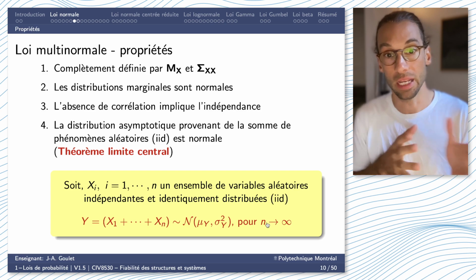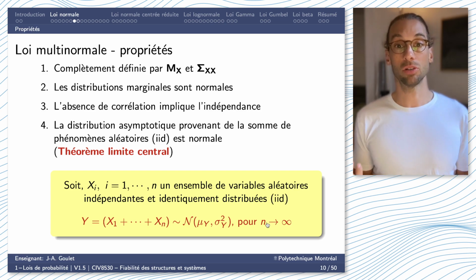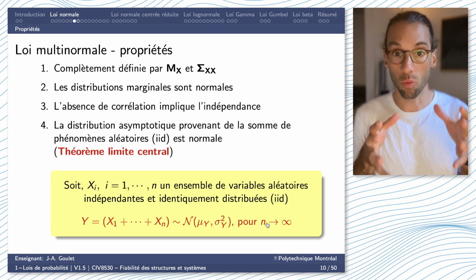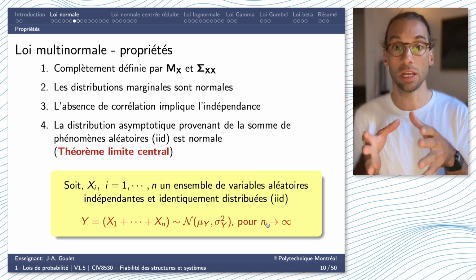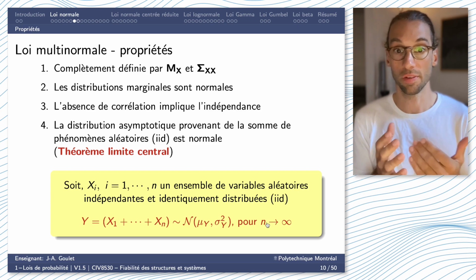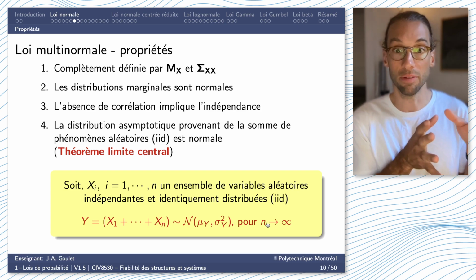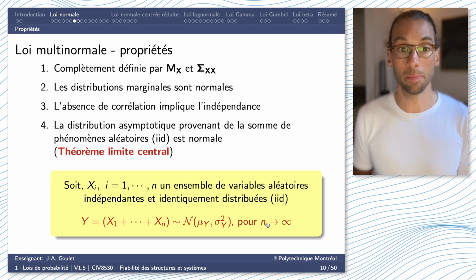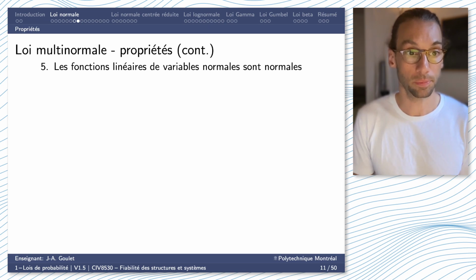That's why we see the Gaussian so often in the phenomena we're trying to model, because when we have a lot of factors that are compounded or added together as sources of uncertainty, the resulting variability that we observe looks very closely like the Gaussian.